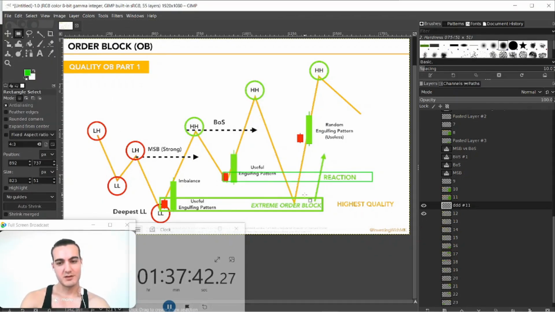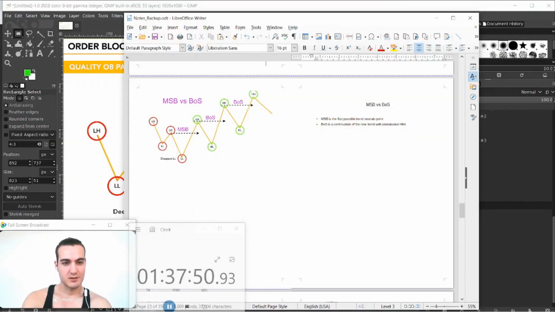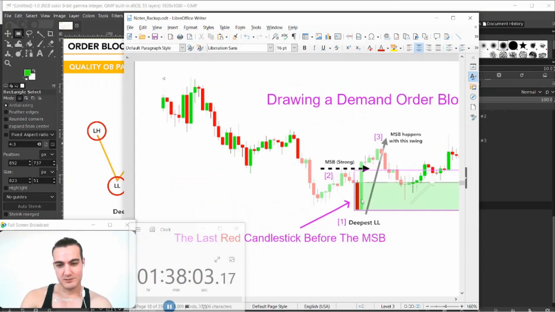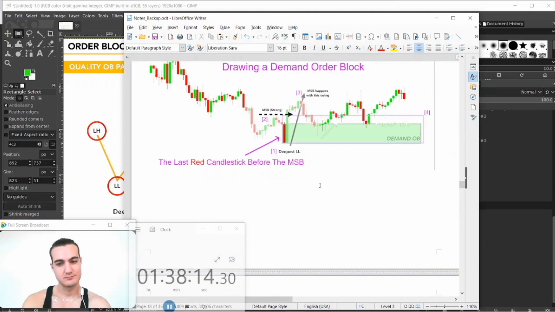And I don't think I need to include this in my notes because although I don't think it was specifically called an engulfing pattern, this is an engulfing pattern here, but not here. Interesting.